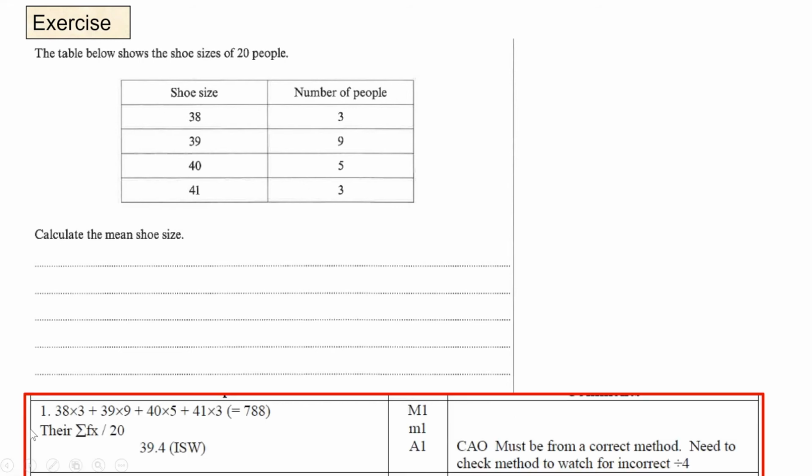Okay, hopefully you have tried this question. So here is the marking scheme for this question. Notice you've got 2 method marks and then 1 mark for the answer. The answer that you should have got was 39.4, but let's go through how to get that answer.